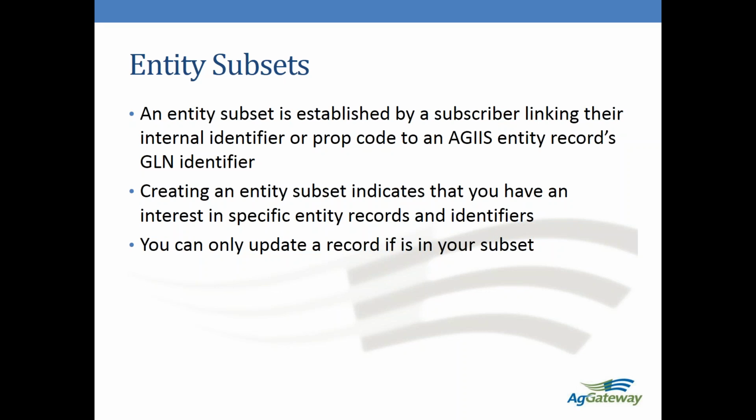So it's all confidential, and there are agreements that you sign as you become a subscriber that state this information is confidential between you and the Ag Industry Identification System. There is a rule: you can only update a record if it's in your subset. The thought process behind this is, you should at least be willing to put that entity in your subset if you have enough interest and you want to provide information back to the community.